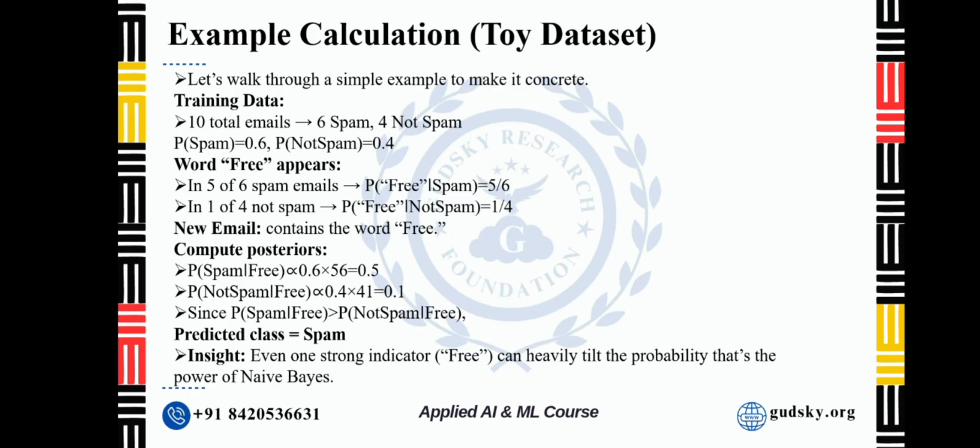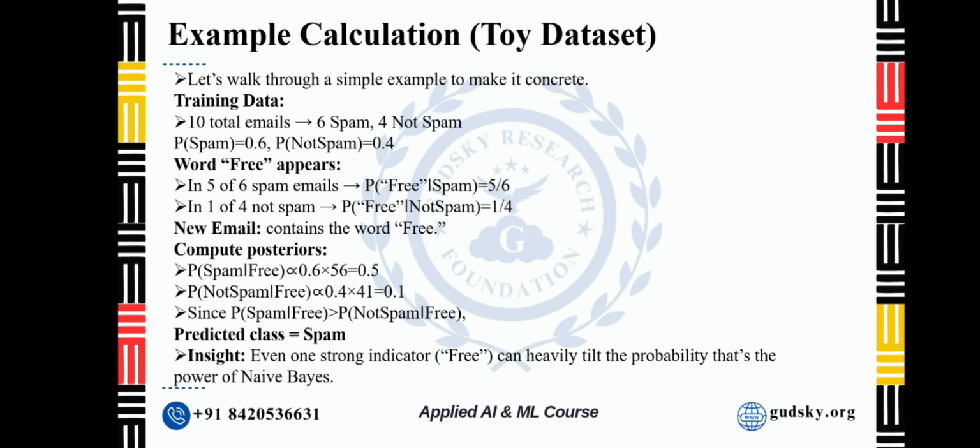Probabilistic output means you don't just get a label, you also get a confidence value like 82% spam. This confidence score can be very useful in practical systems. For example, Gmail can decide whether to move an email directly to the spam folder or mark it as suspicious based on probability thresholds. So this is how we make predictions for naive Bayes.